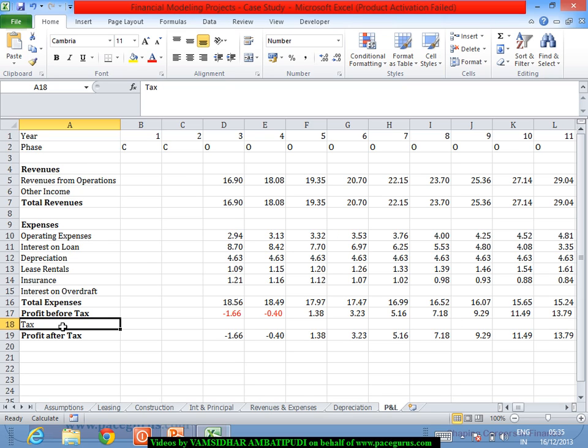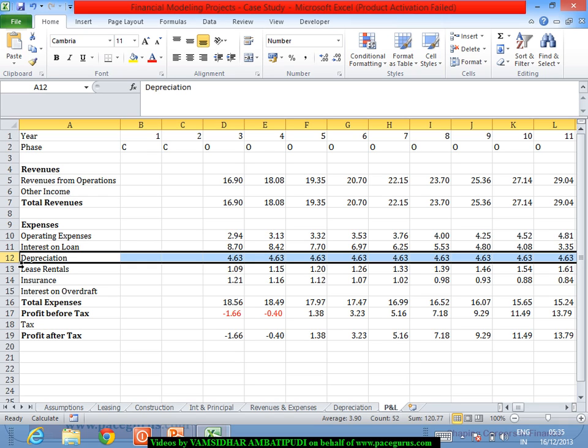Tax is something which we will prepare now, because as I discussed earlier, when we talk about tax, the major thing we will be discussing is not this depreciation, but the depreciation done on a written down value method.